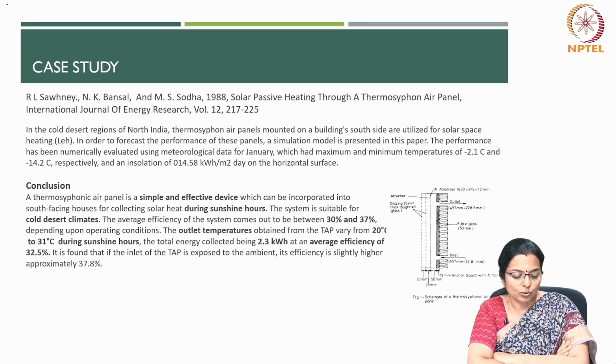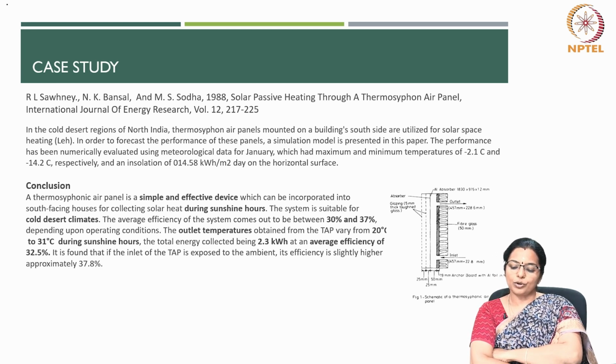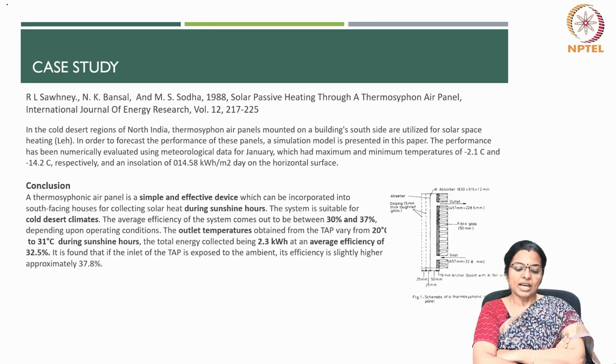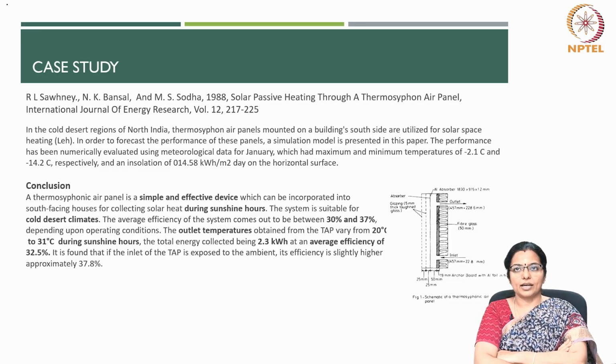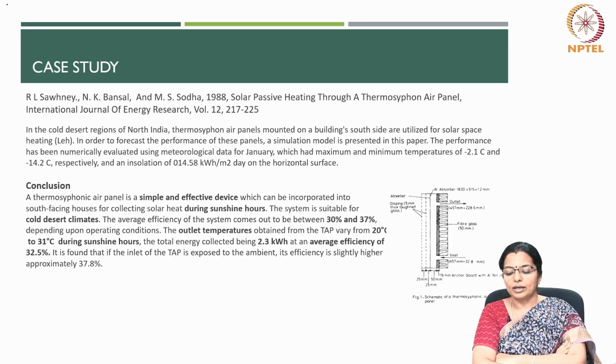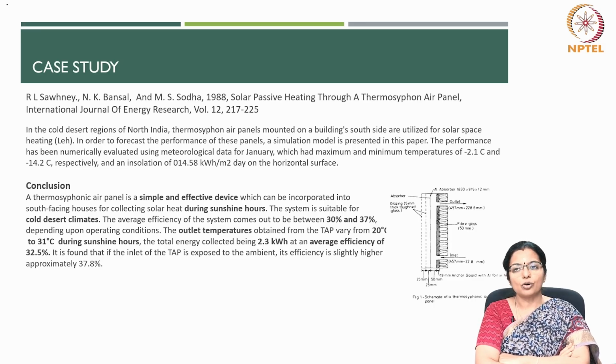The system is suitable for cold desert climates. The average efficiency of the system comes out to be between 30% and 37%, depending upon operating conditions. The total energy collected could be 2.3 kilowatt hour at an average efficiency of 32.5%.